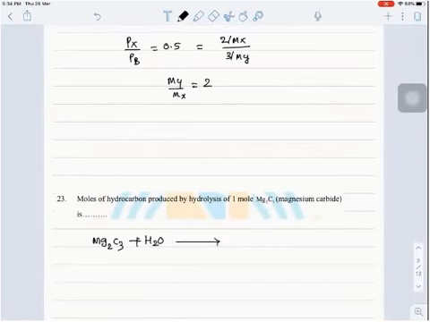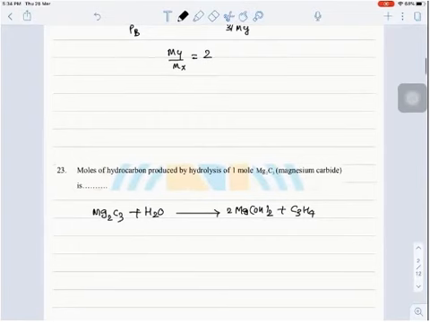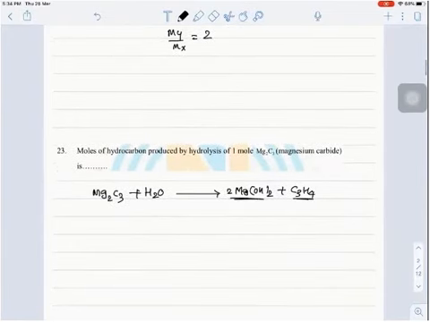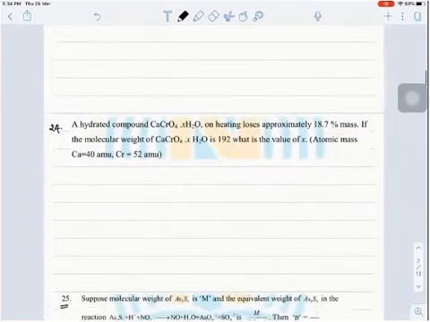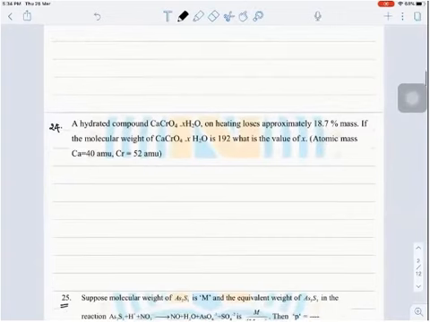Mg2C3 on hydrolysis produces 2 moles of magnesium hydroxide plus C3H4, which is propyne. So magnesium hydroxide plus C3H4. So 1 mole Mg2C3 is giving 1 mole of C3H4. So answer is 1.